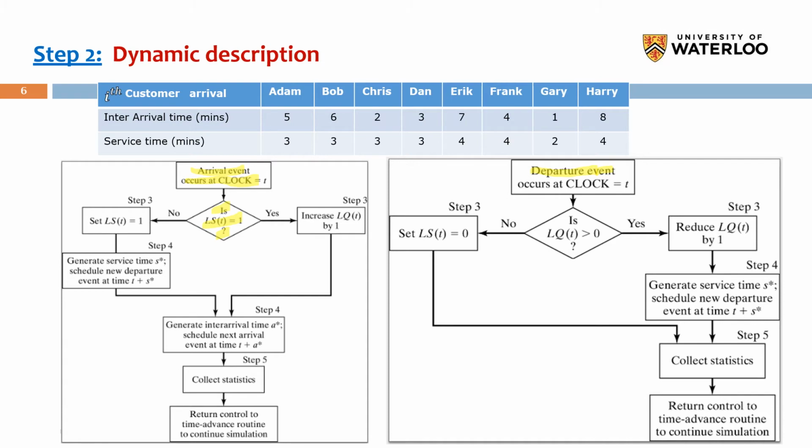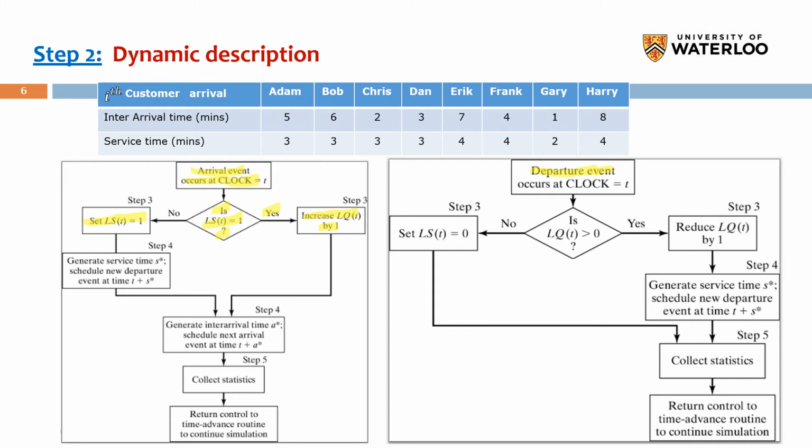If the server is busy serving another customer, I mean if LST equals 1, this new arrival will join the line, so we increase the number of customers waiting in line by 1. But if the server is available, this means there is no line, so the server becomes busy serving this new customer.